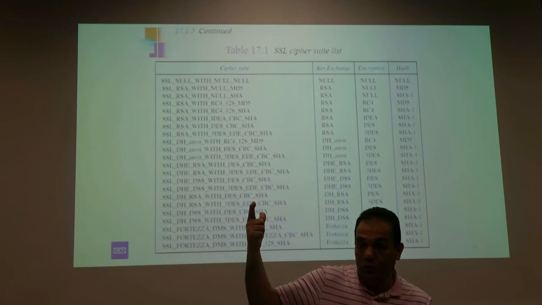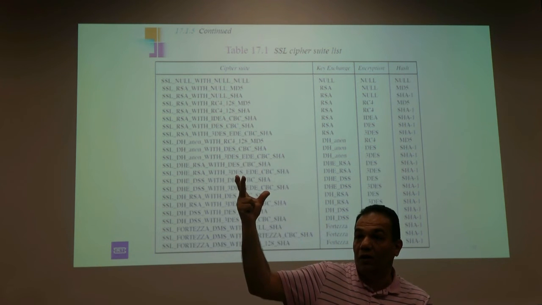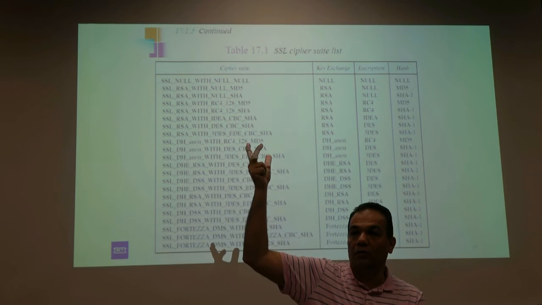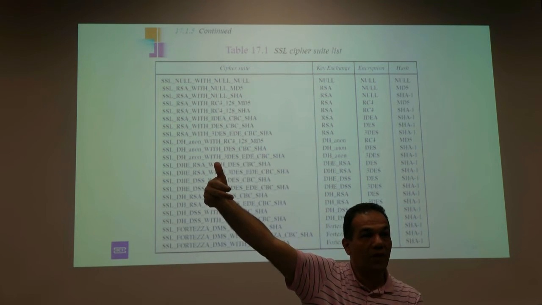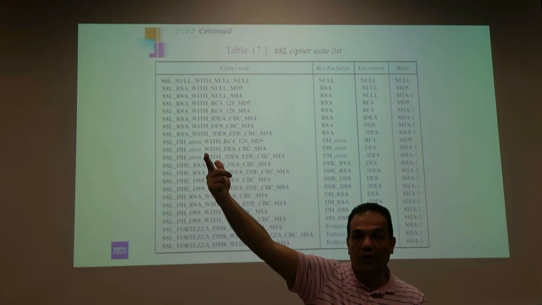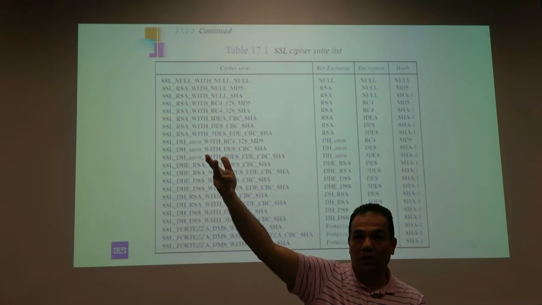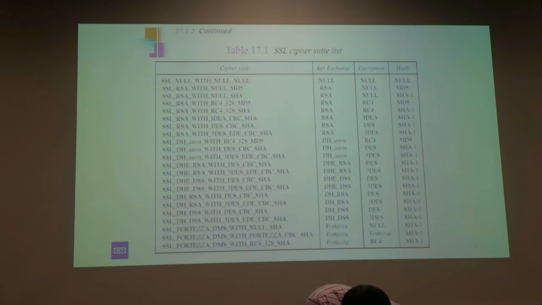This is 2. Then 1 initialization vector. This is 3. And the server needs the same 3. How many is the total? 3 plus 3, 6. So 1 for the HMAC, 1 for the encryption, and 1 for the initialization vector.